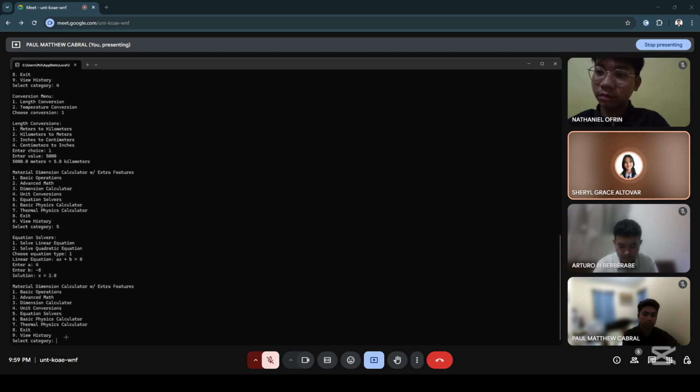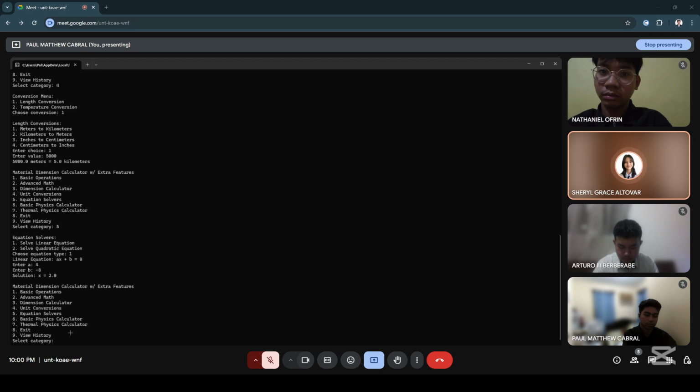Physics calculator. This includes formulas like speed equals distance over time, force equals mass times acceleration, kinetic energy equals 1/2 times mass times velocity squared, potential energy equals mass times gravity times height, and Ohm's law, current equals voltage over resistance. Then let's go ahead and give it a try.